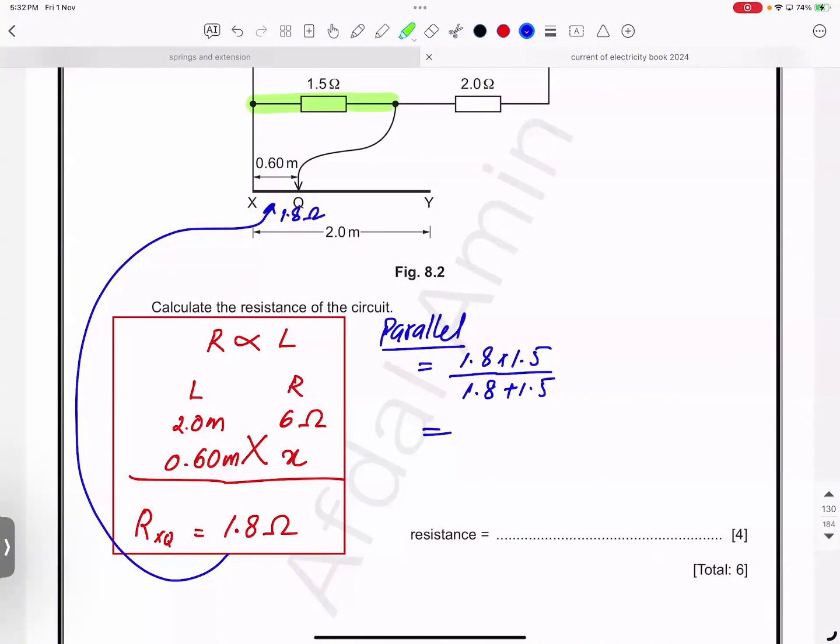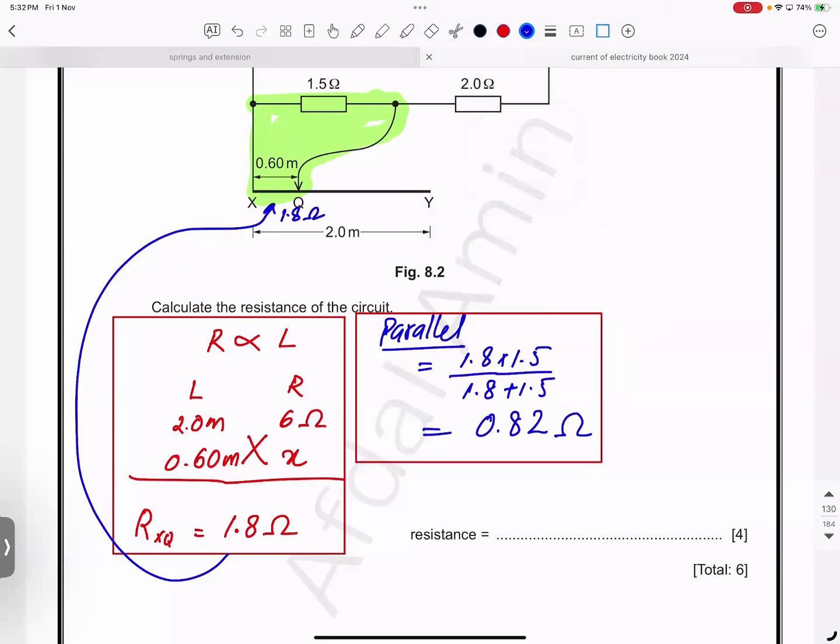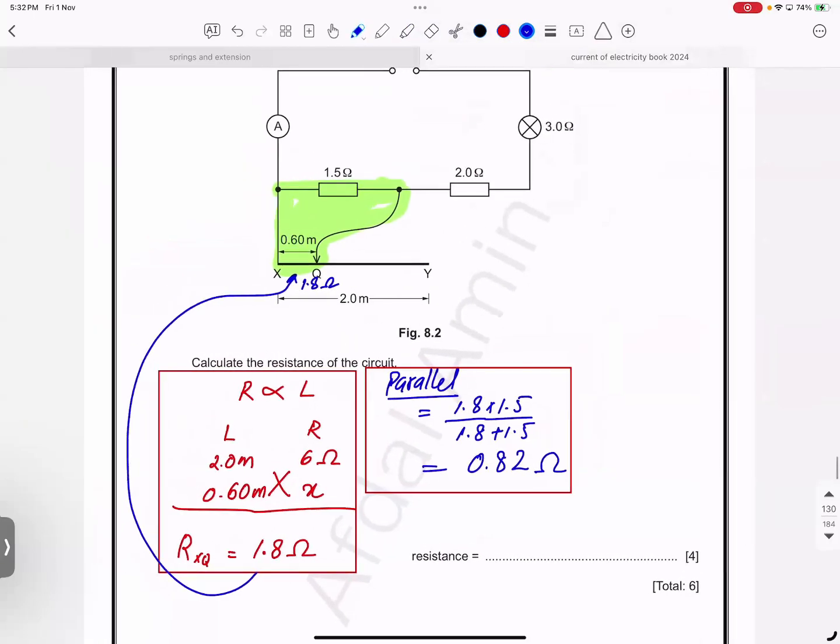You first need to do parallel. Once you do parallel, then you will do series. Step 2 was parallel resistance. Step 3 now total resistance. So total will be now parallel 0.82 plus 2 plus 3, 5.82.